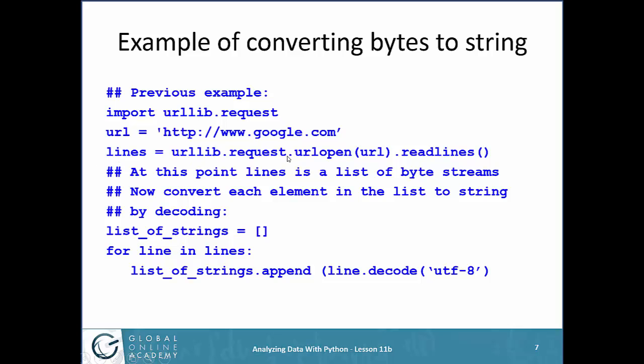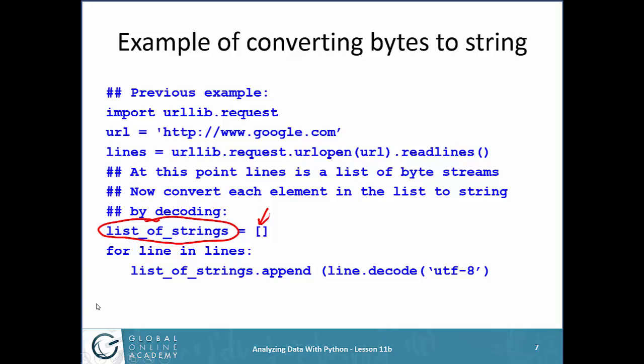Here's the statement that we ended with on our previous example. lines equals urllib.request.urlopen, passing it the URL. That gives me back a file-like object that I do a readlines on. So at this point, lines is a list of byte streams. Now I'm going to convert each element in the list to a string. So I'm going to create a variable called list_of_strings, and I'm going to make that be an empty list.